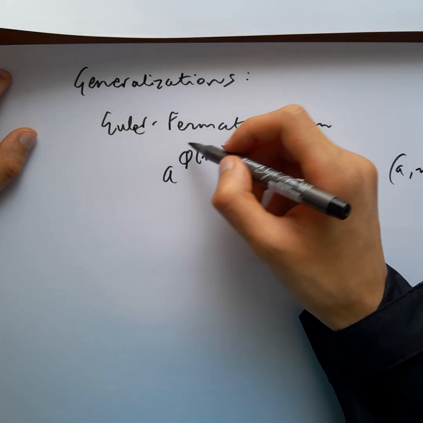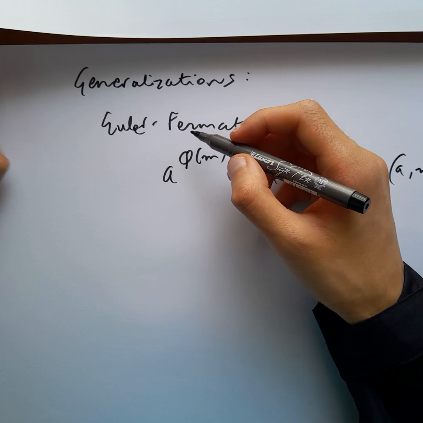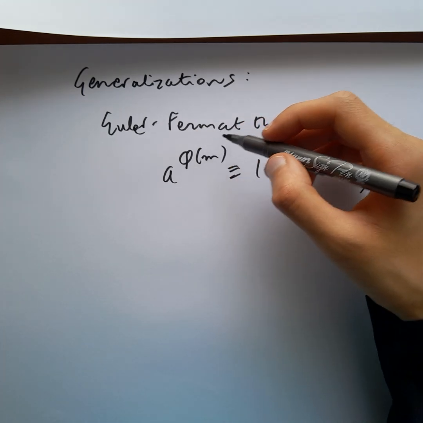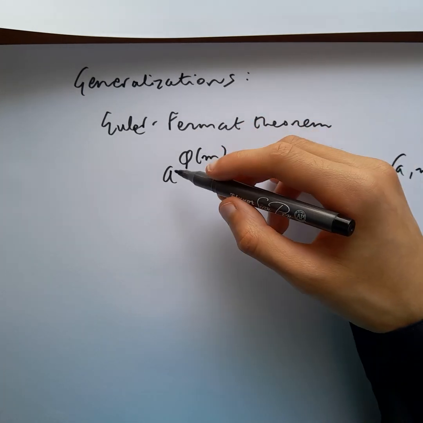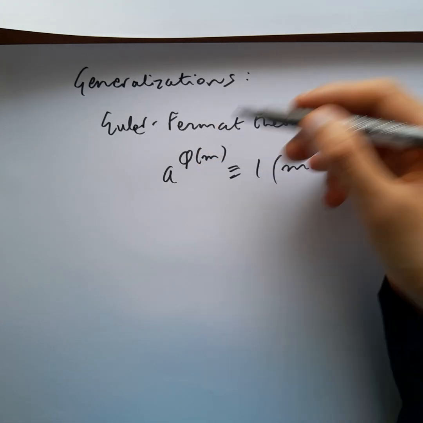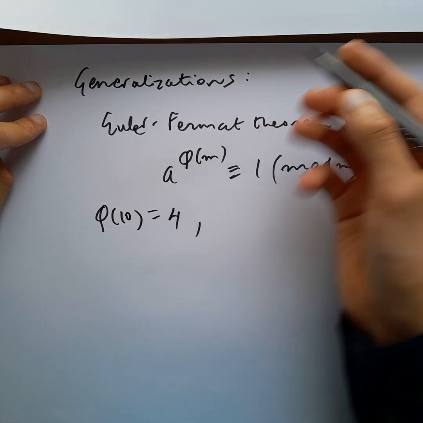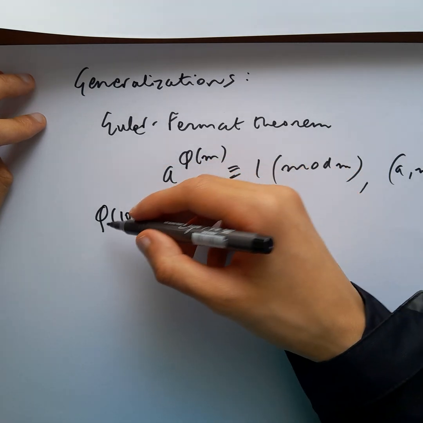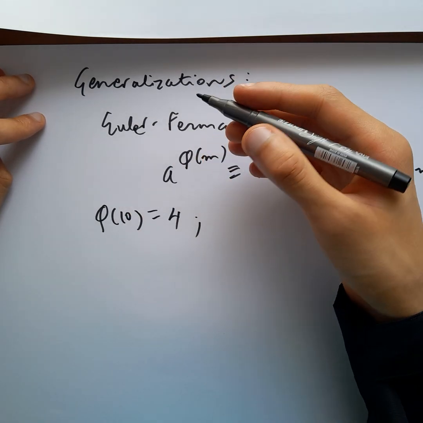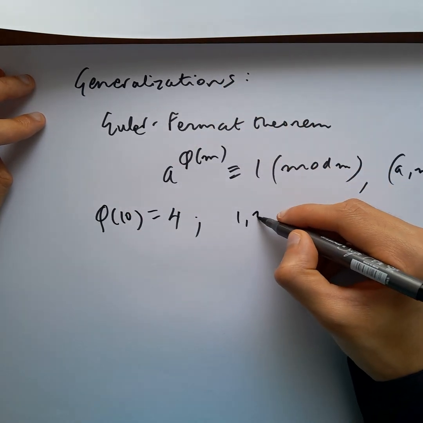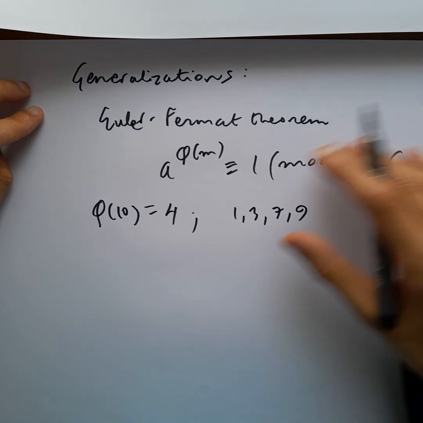So phi of m is the number of positive integers less than or equal to m which are coprime to m. So for example, phi of 10 is equal to 4 because the numbers less than 10 and coprime to it are 1, 3, 7, and 9.